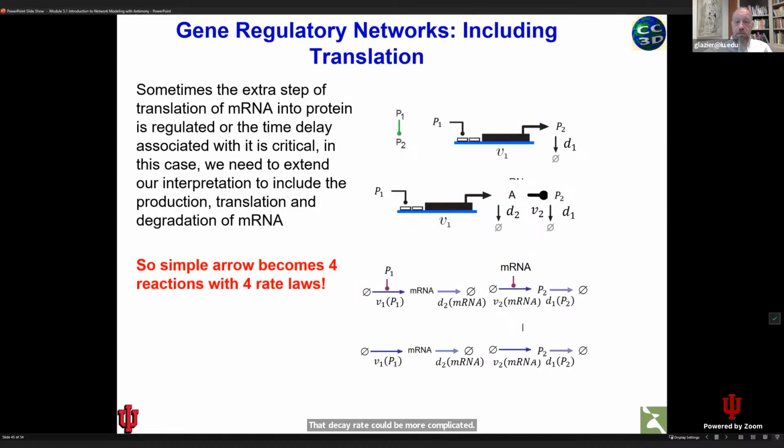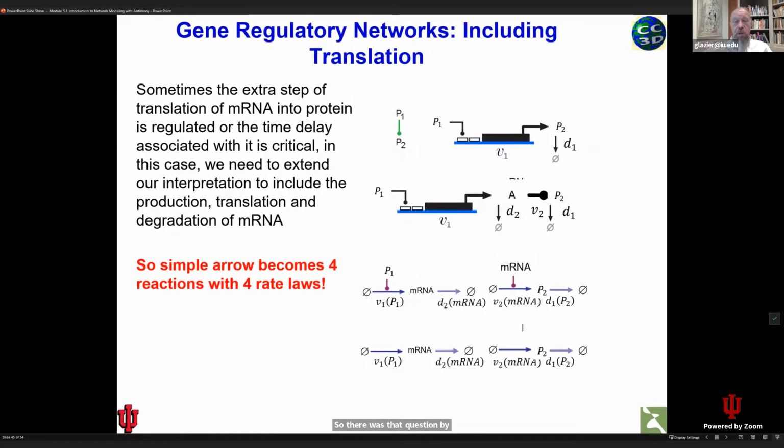This diagram got a little bit messed up somehow. It's supposed to be labeled RNA there. In this case, we are putting in the messenger RNA step. That effectively creates a delay in the system. So there was that question by Darshan about delay equations.